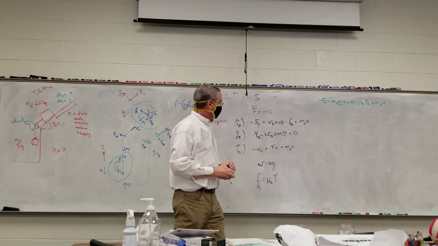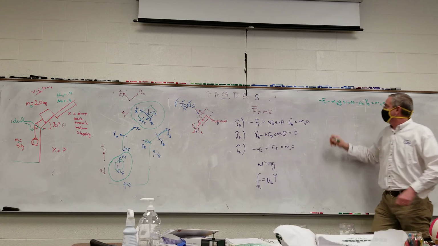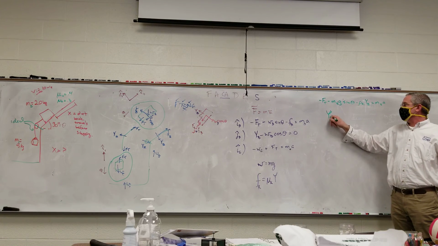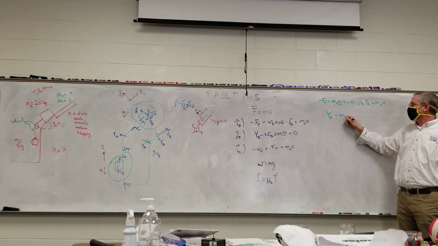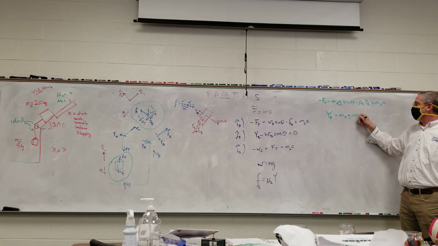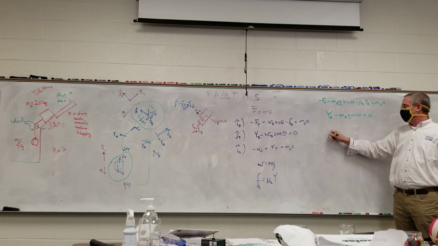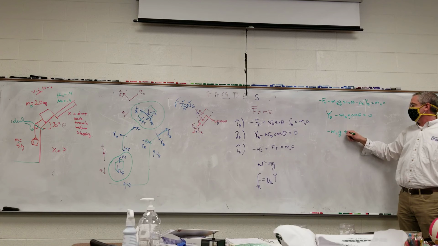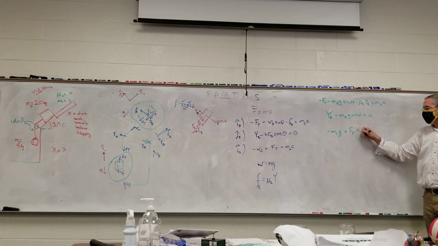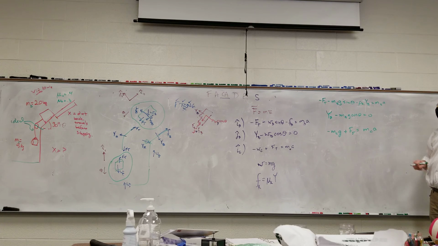Second one, YB minus MBg cosine theta equals 0, and then negative MCg plus tension is equal to MCA.